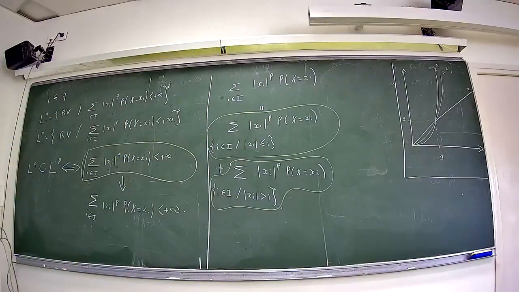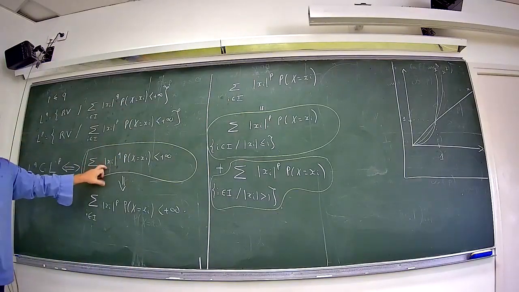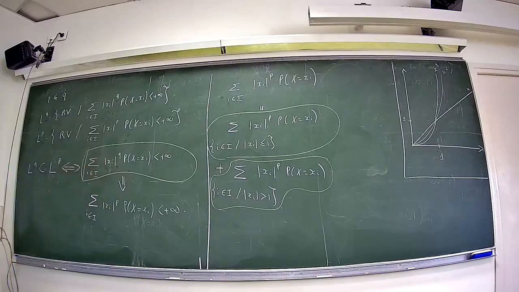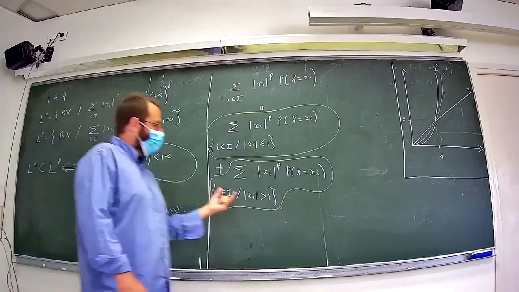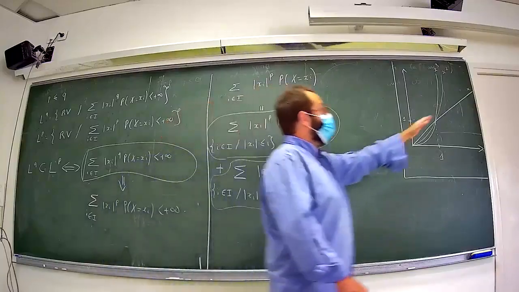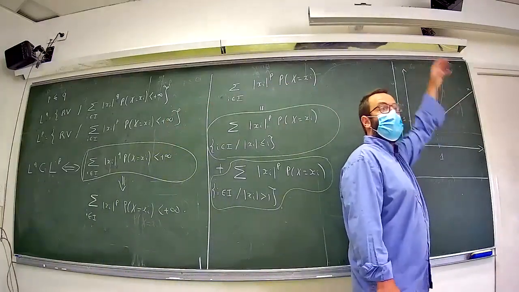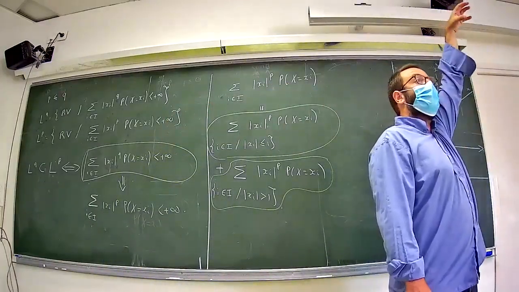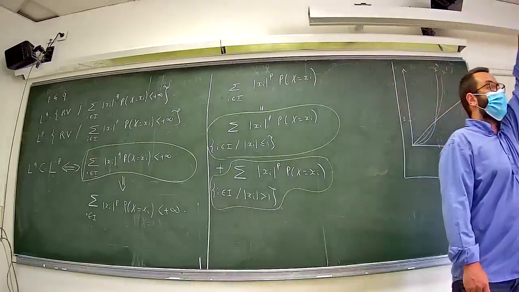Okay. So, I want to use this hypothesis here. But I said that if the numbers are greater than 1, I know that I am in the situation x squared, x cubed. So, the bigger the power is, the bigger the number is.